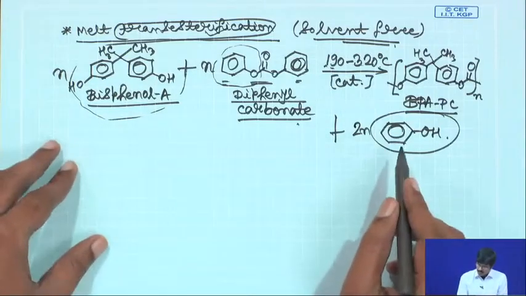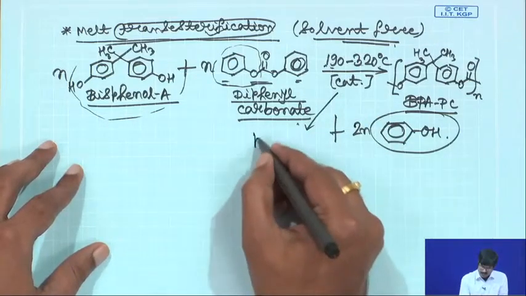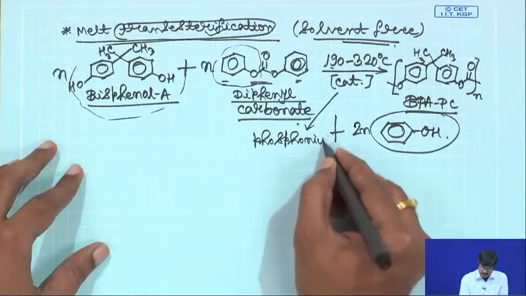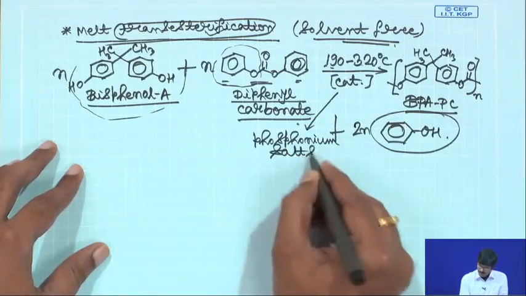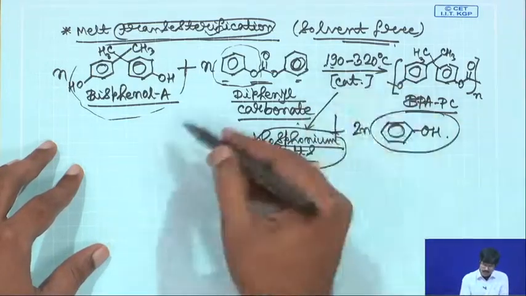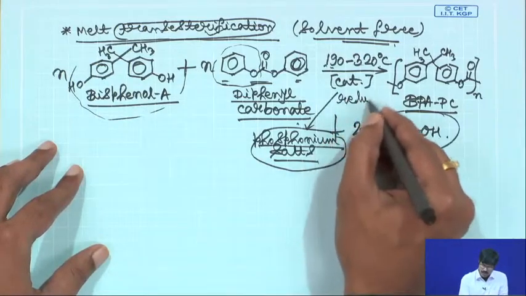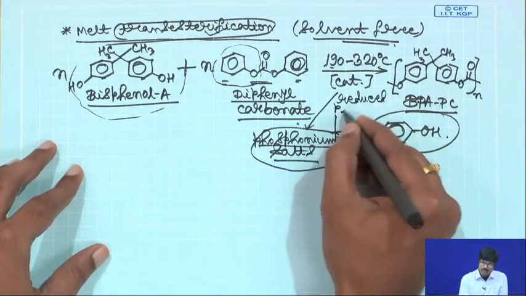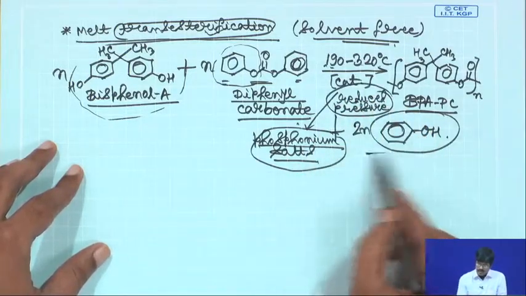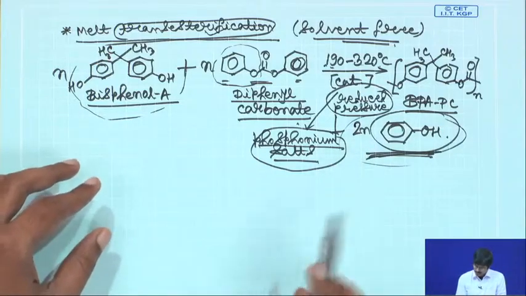Now, this reaction is usually catalyzed by very small amounts of phosphonium salts, and this reaction of course is done at a high temperature and it is done under reduced pressure, in order to facilitate the removal of phenol through distillation.